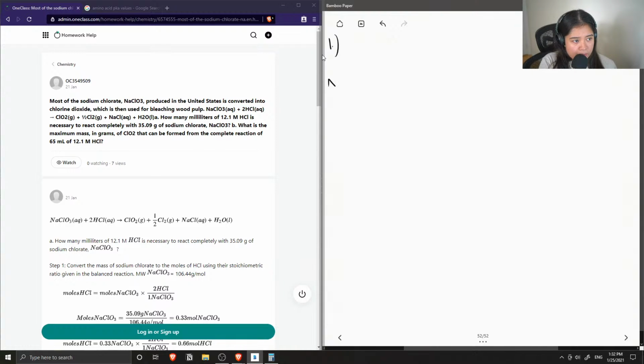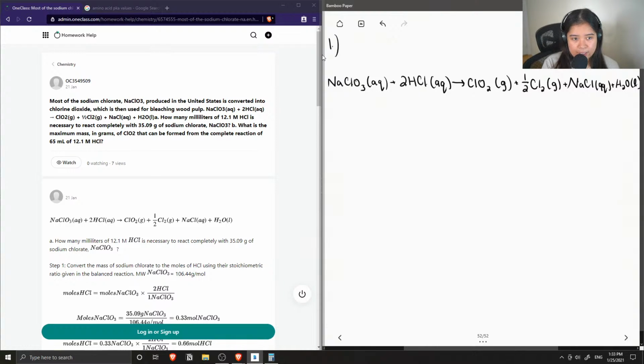It's 1 mole of sodium chlorate plus 2 moles of hydrochloric acid produces 1 mole of chlorine dioxide plus half of Cl2 plus sodium chloride plus water. Okay, so I managed to fit it all in one line.